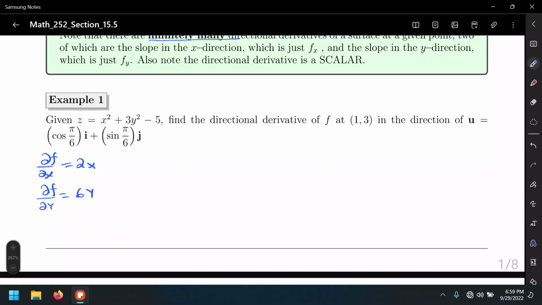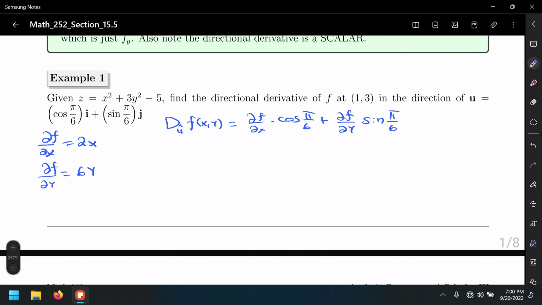So we're going to find the directional derivative for the function f in the direction of the unit vector u. I'm going to put a hat to denote that it's a unit vector. In this case, we multiply the partial derivative with respect to x times cosine of pi over 6, plus the partial derivative with respect to y times sine of pi over 6.